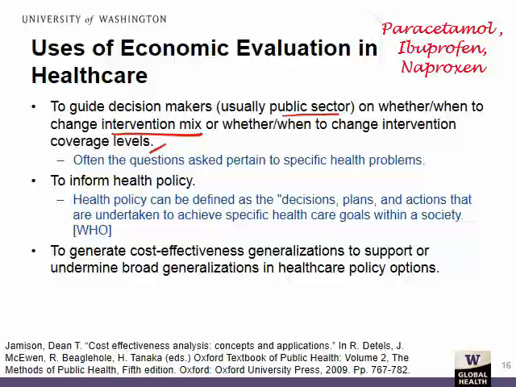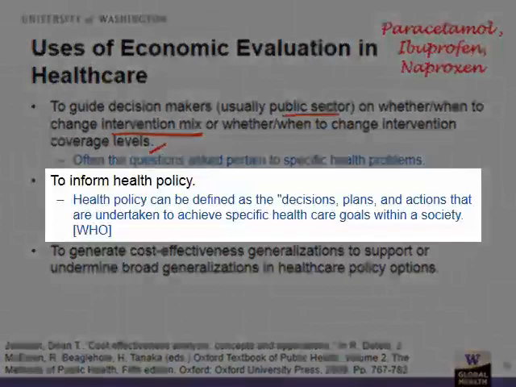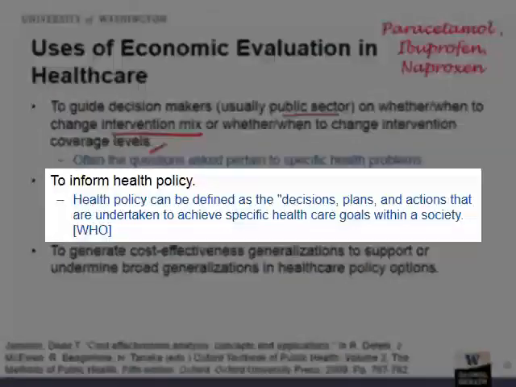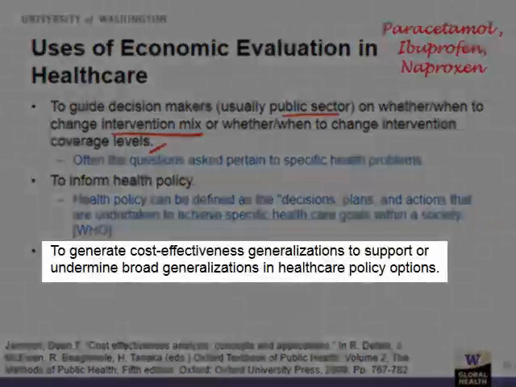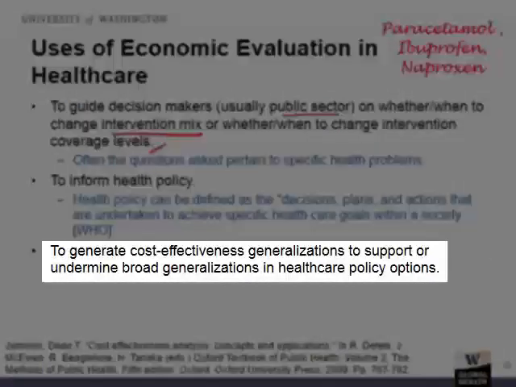And often the questions pertain to specific health problems. But like we said in the last part, you have times when you are assessing instruments of policy, for example, or changes in the way clinics are run. And the other use of economic evaluations in healthcare is to inform health policy. And then the third one is to generate cost effectiveness generalizations to support or undermine broad generalizations in healthcare policy options.